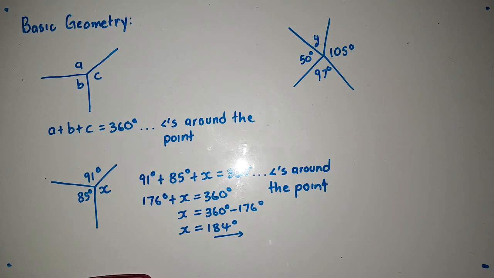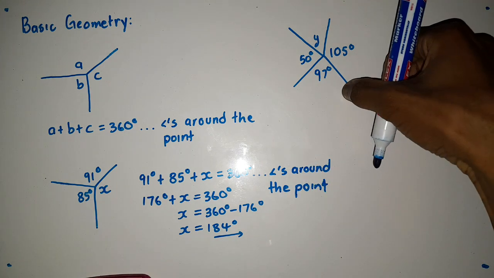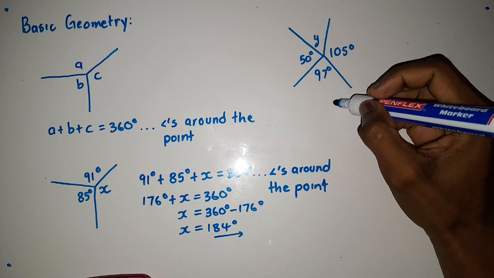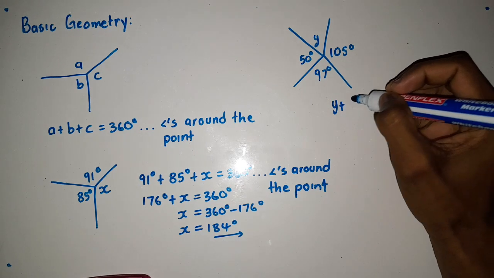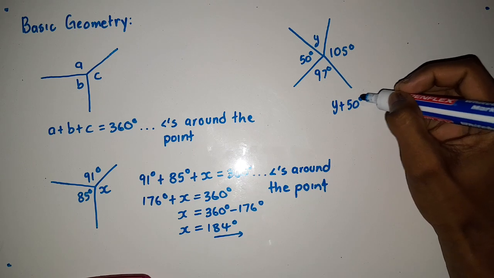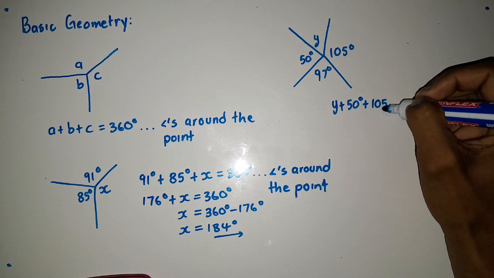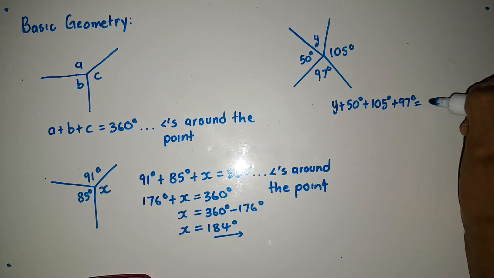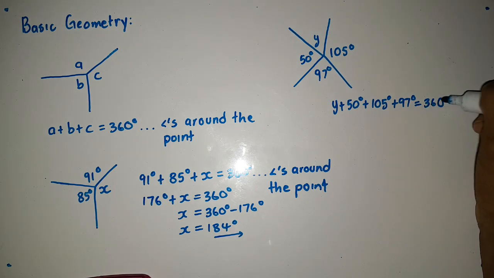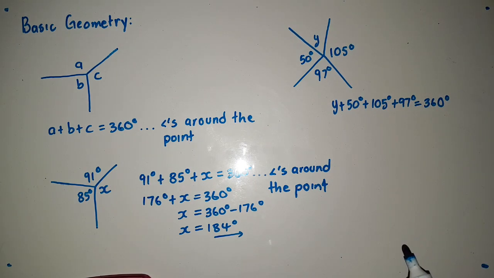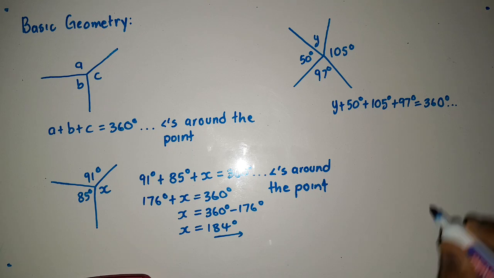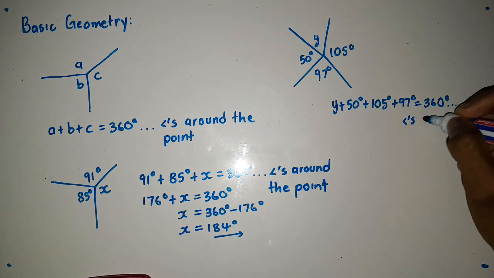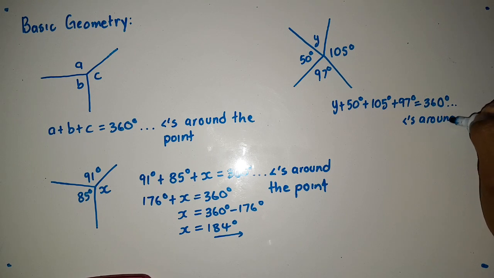Now we want y. You apply the same concept by saying y plus 50 plus 105 degrees plus 97 degrees is equal to 360 degrees. I don't have much space. Then you must include your reason that we have angles around the point.